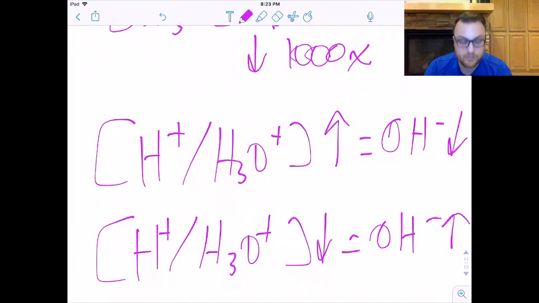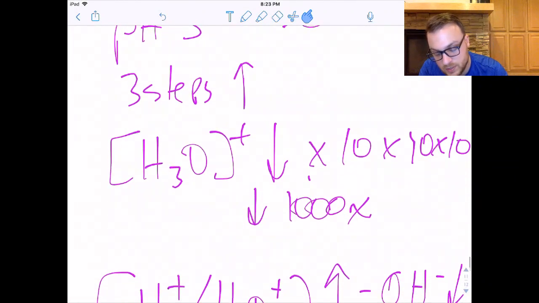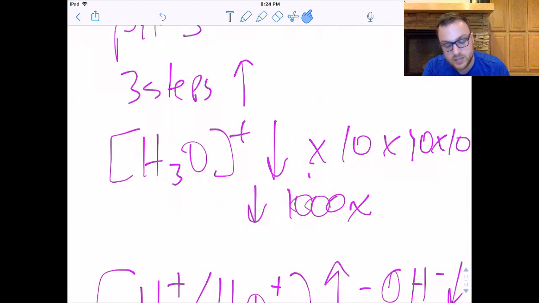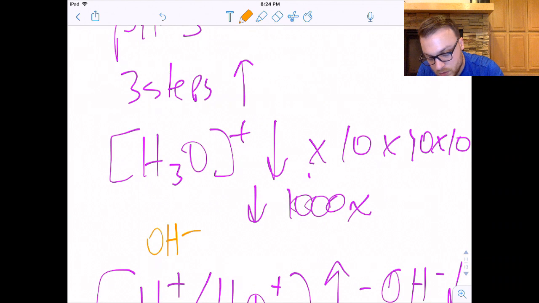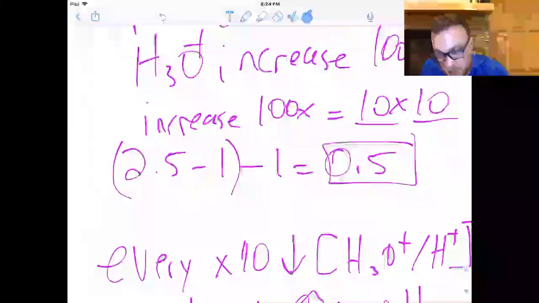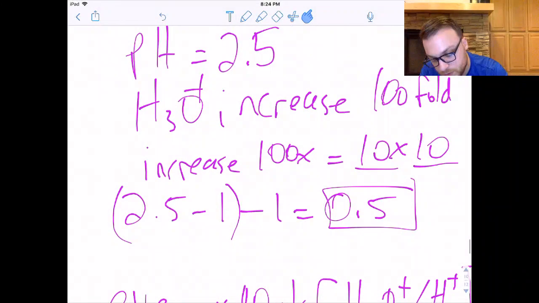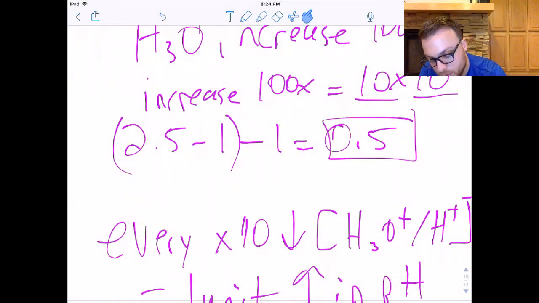If your pH is going up 3 steps, from 3 to 6, your H3O plus is going down times 1,000, which means your OH minus is going up times 1,000. And in the first example, if your H3O plus increased 100-fold, your pH goes down to 0.5. That means your OH minus decreased 100-fold.